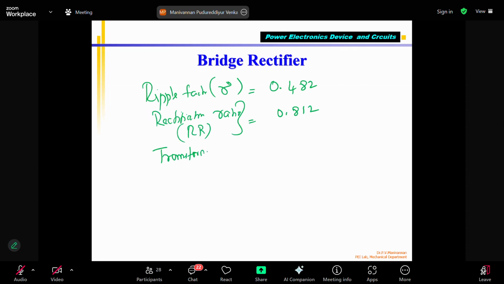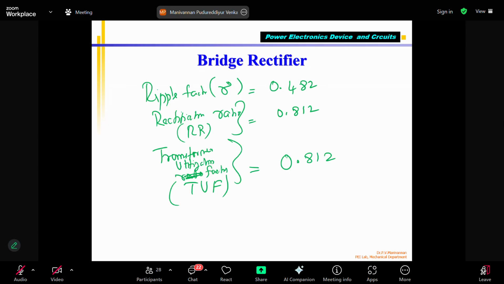Transformer utilization factor, which is called TUF. TUF is equal to 0.812. Okay. So these are the important parameters you need to understand.